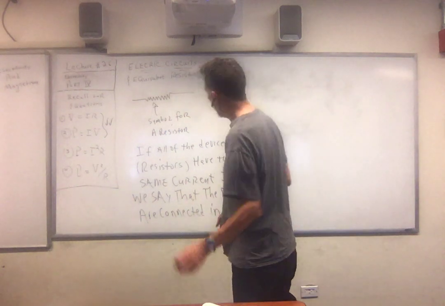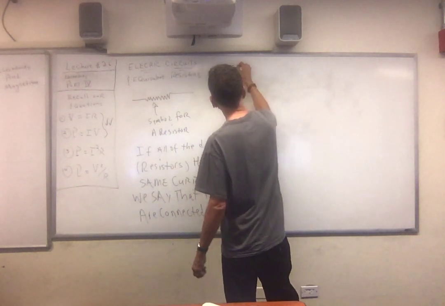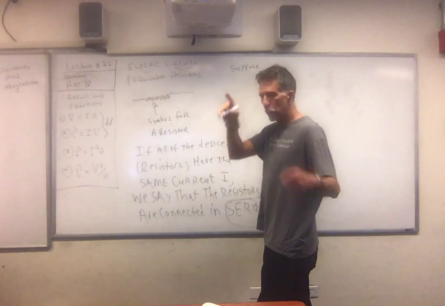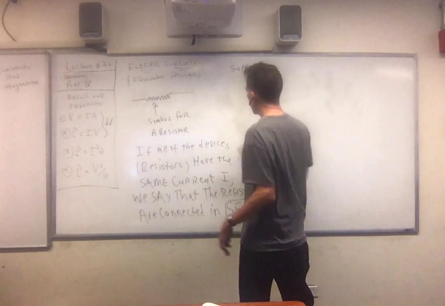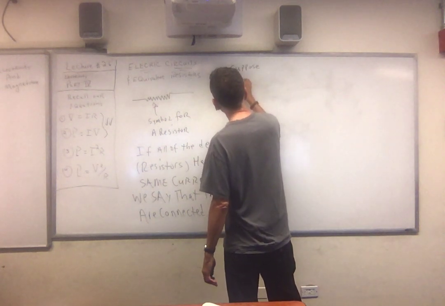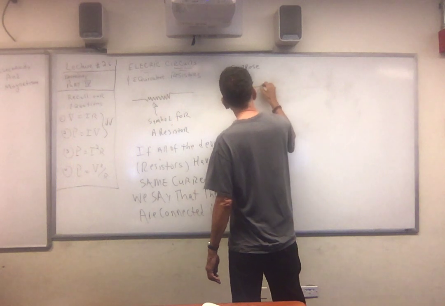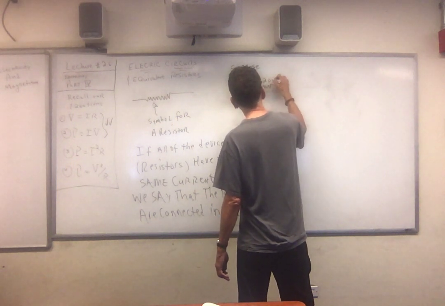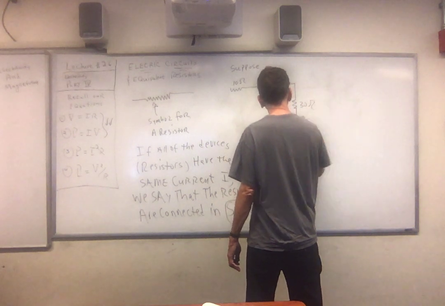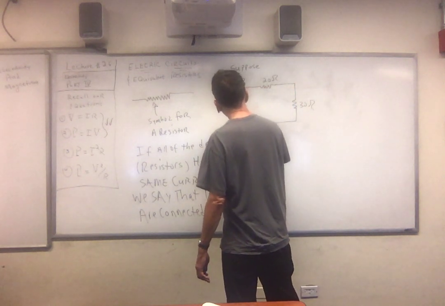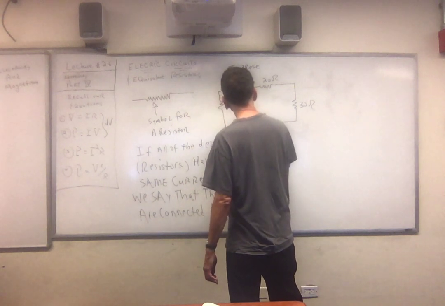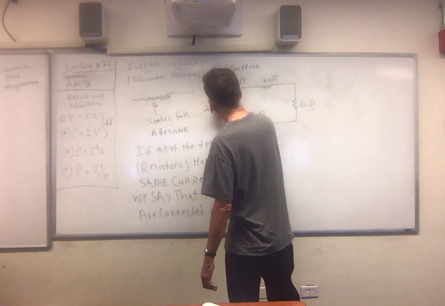Let me give you a make-believe problem. Suppose we have a circuit like this. I'm not going to draw a potential difference V. We're going to assume there's something making the current flow. So let's say this is 10 ohms, 20 ohms, 30 ohms, 40 ohms, and here 20 ohms.